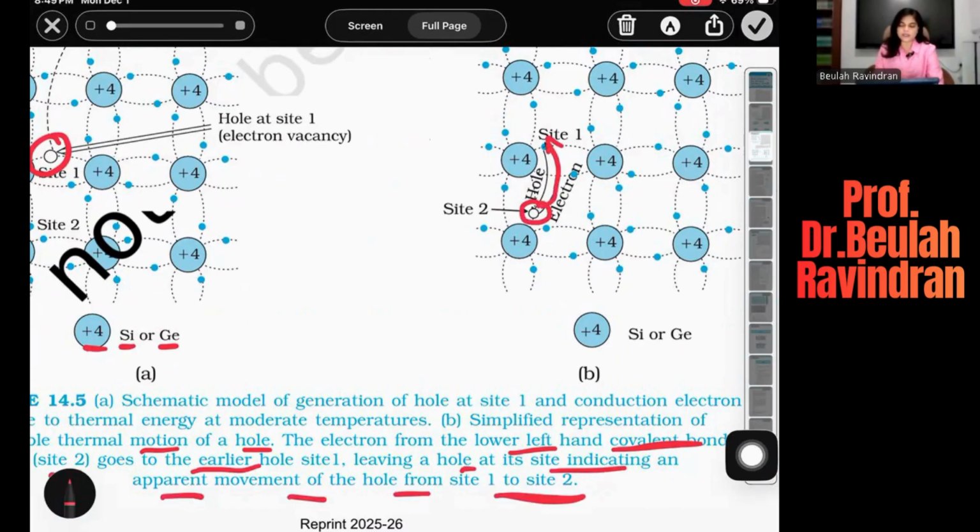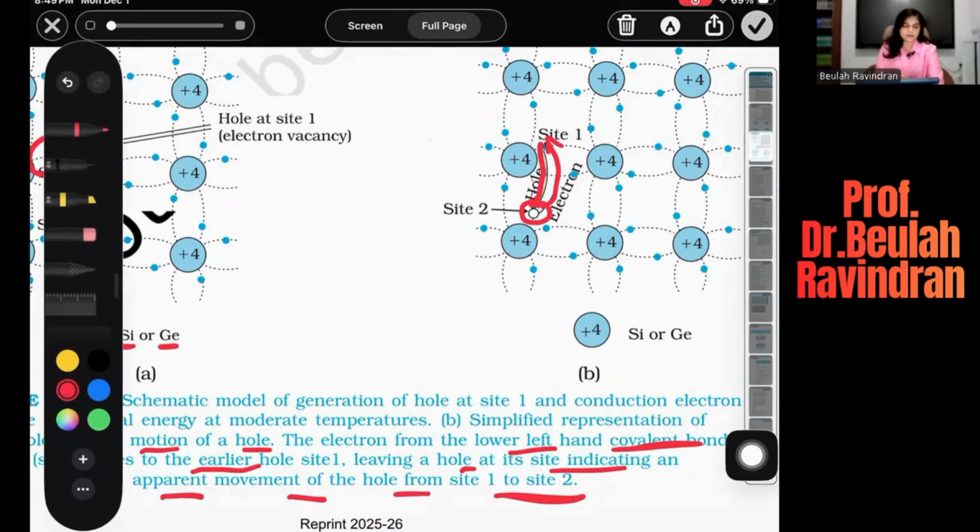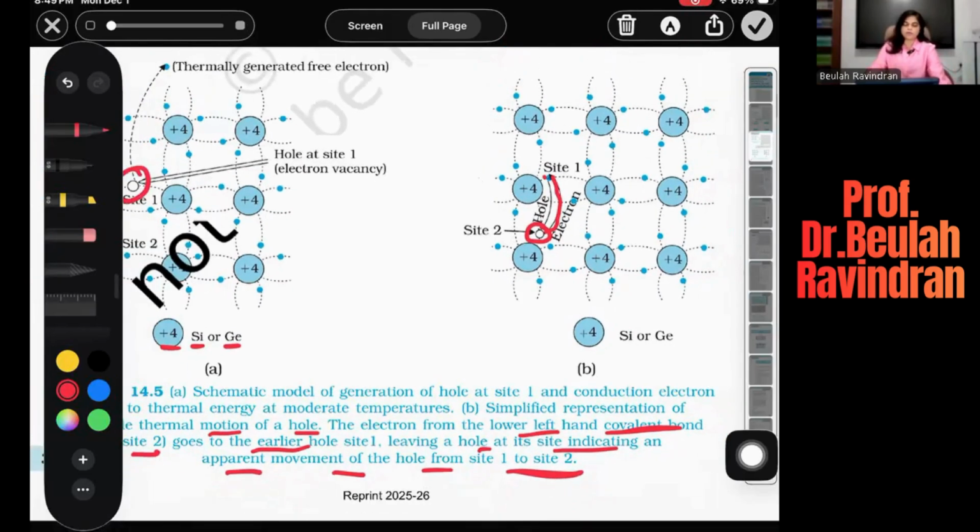So from here, the hole is reduced. At site 2, the hole is there. Now it is moving to site 1 where the electrons are, so it can be recombined. So the hole also moves.